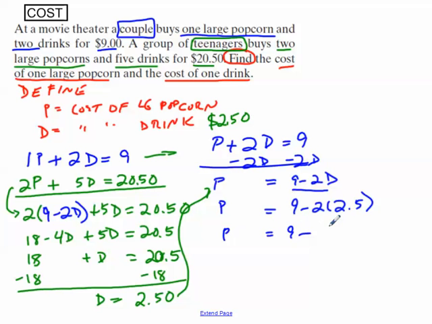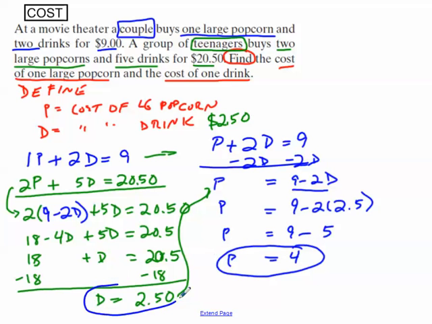P equals 9 minus 2 times 2.5, which is 5. P equals 4. And there's my solution. P equals 4, the cost of a popcorn, about $4. Cost of a drink, about $2.50. In fact, $2.50 and $4 is my solution.